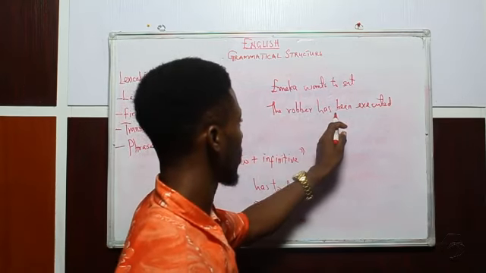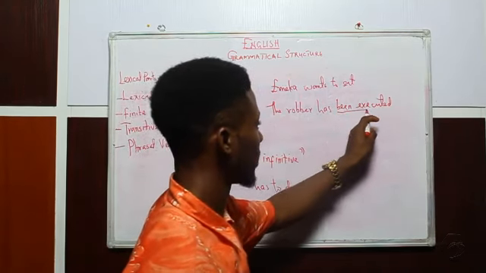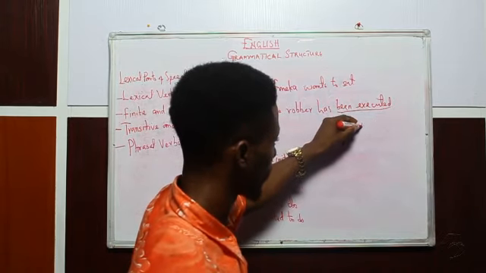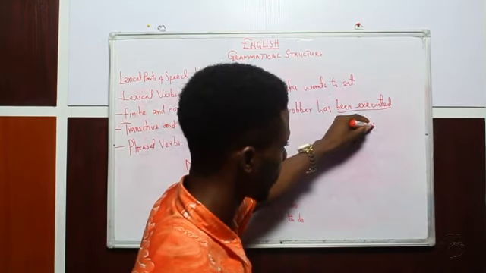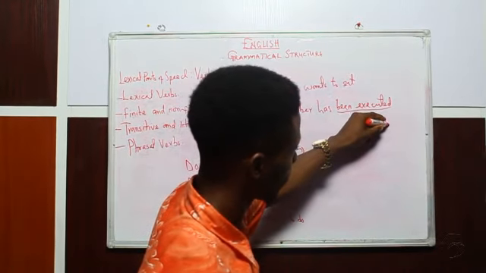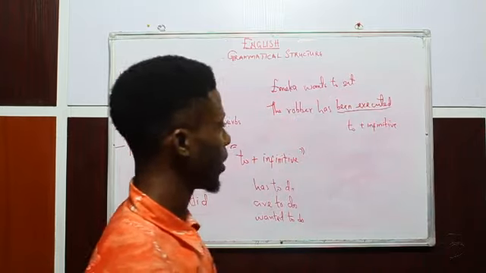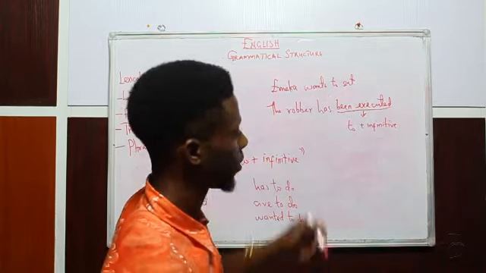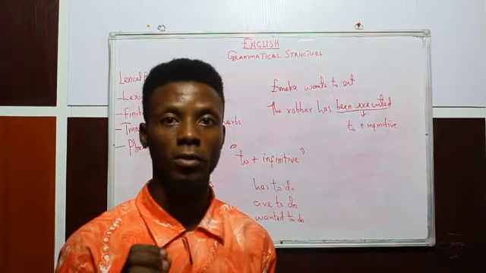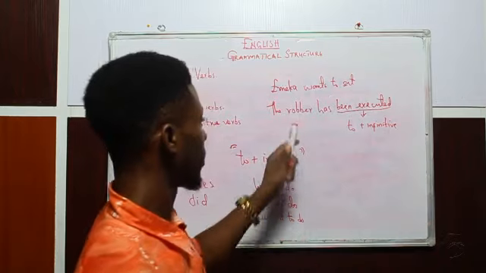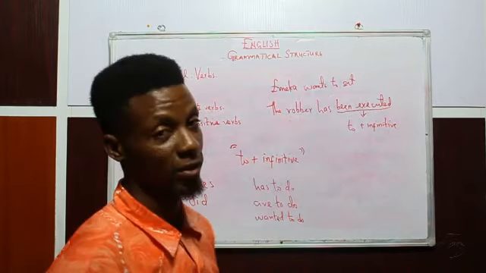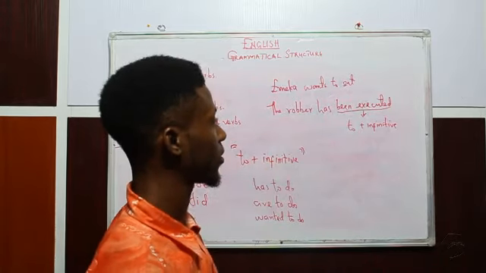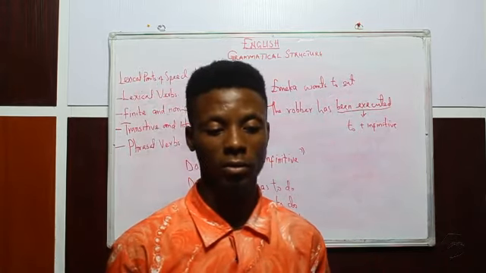This has been executed is an example of the to plus infinitive kind of the non-finite verb. The main verb that has to have an agreement with the subject is has. The robber has been executed.